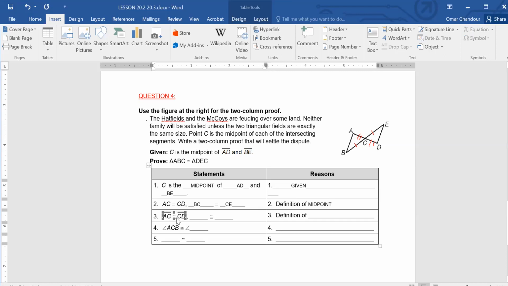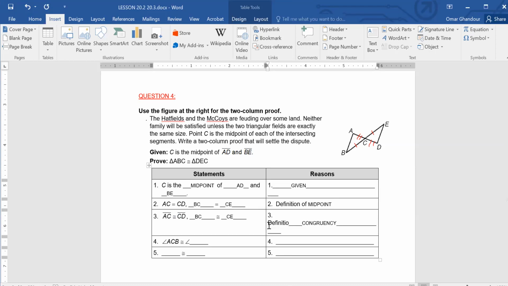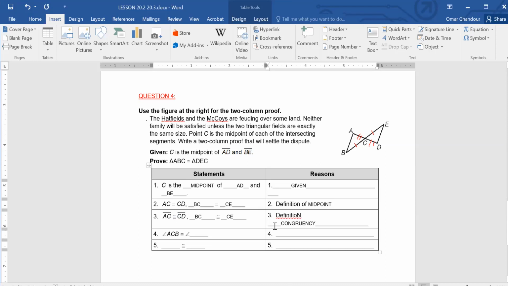Actually, I don't think this is needed. Okay, so in here you are going to write BC is congruent to CE again. Definition of congruency. I don't think that this step is needed, but because we are completing the proof, and they are equal already. Okay, definition of congruency. And angle ACB is congruent to angle what?